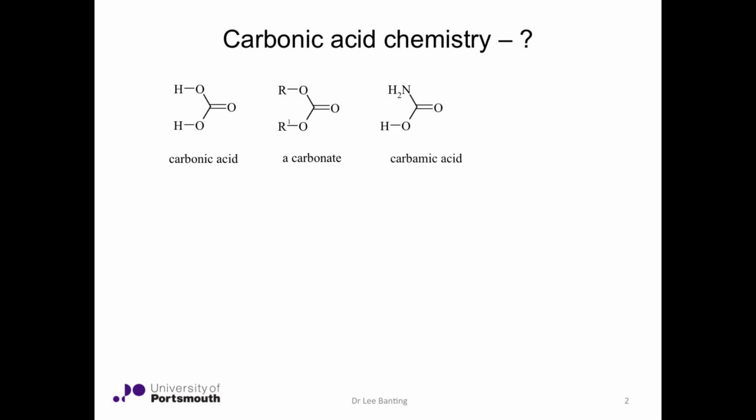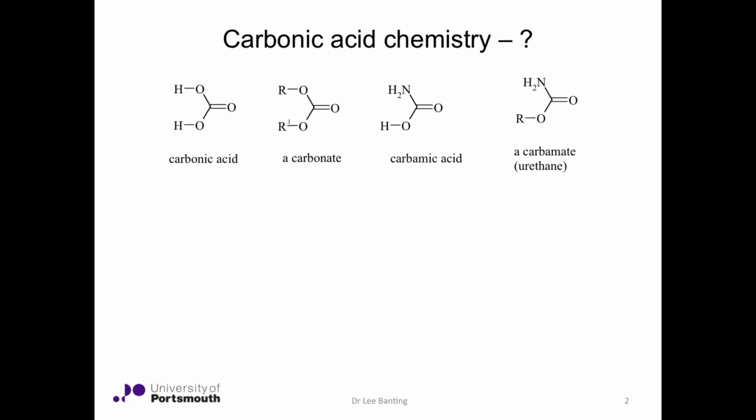Carbamic acid, something that maybe you're less familiar with. Carbamic acid is an amide-like chemical. We did meet it very briefly in amino acid chemistry when we talked about the parent amino acid system.